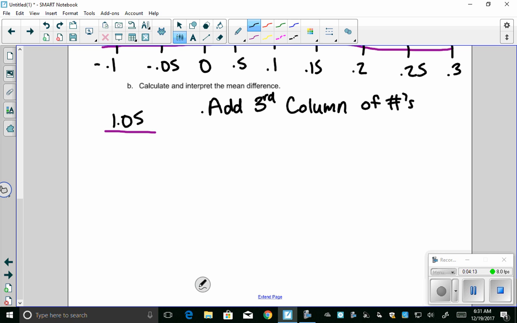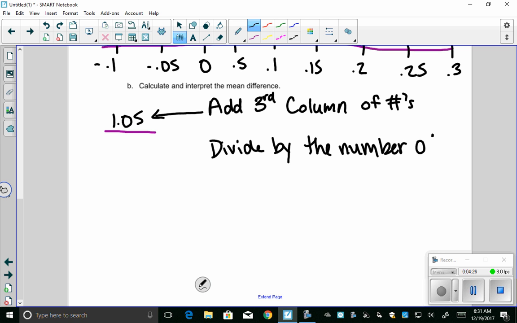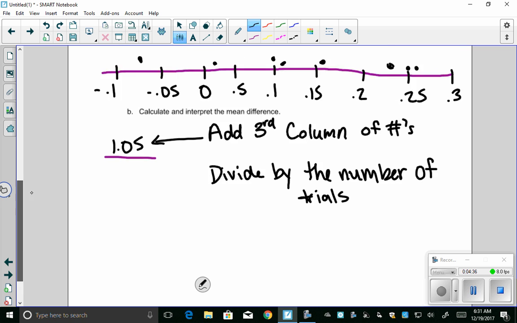Then you're going to divide by the number of trials. And that was, I believe, 8. Let's double check.